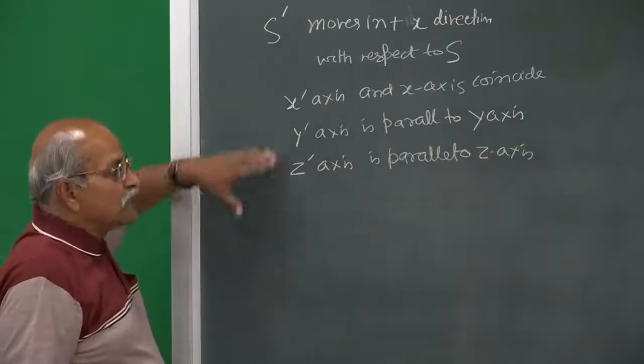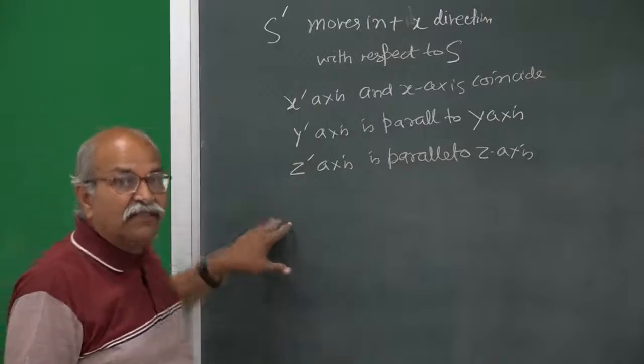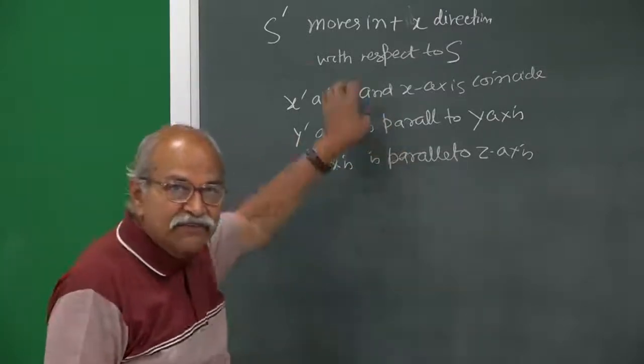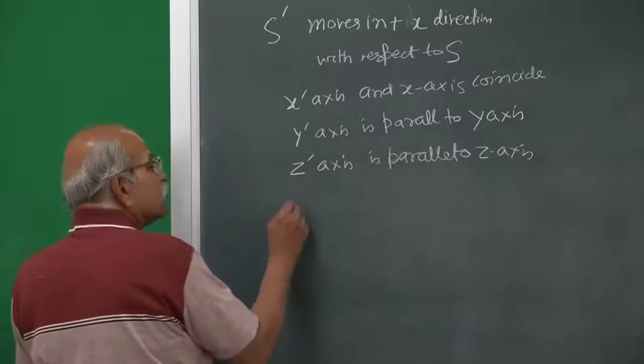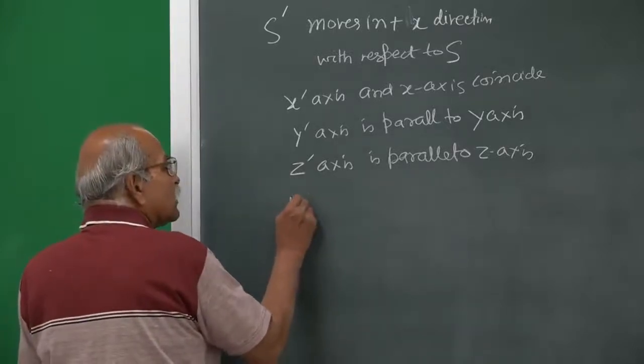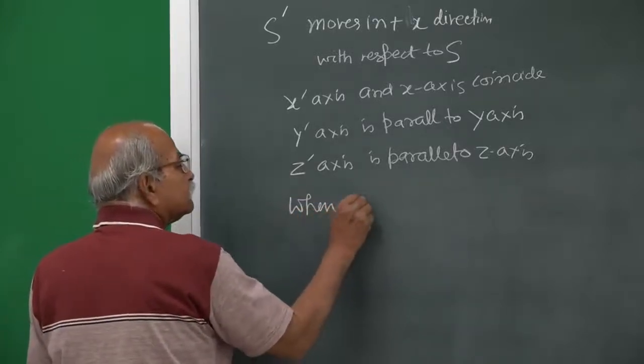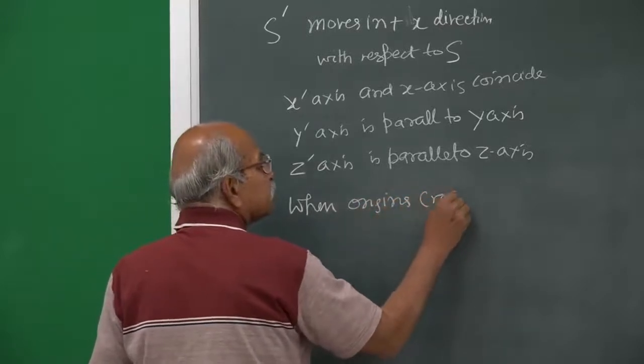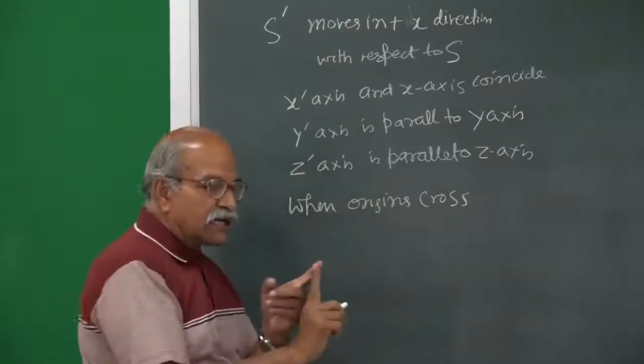On top of all these things, we also have that time t equal to 0 and t prime equal to 0, which we very specifically defined: when the origins cross, the two origins are at the same place.